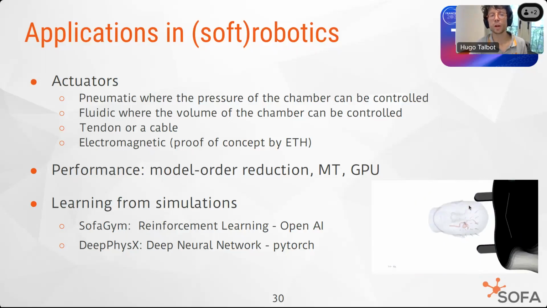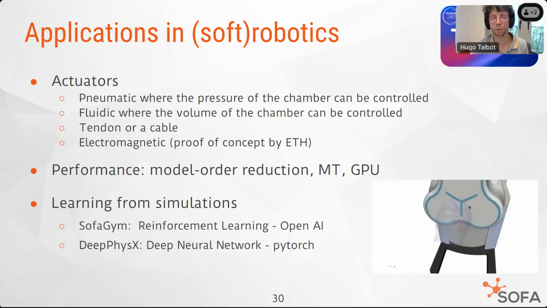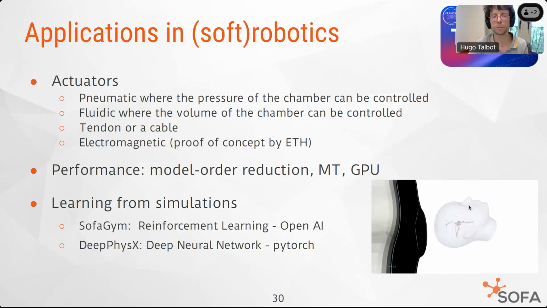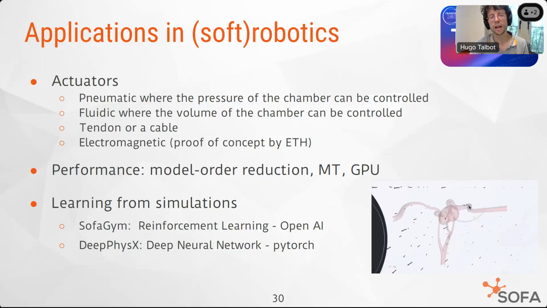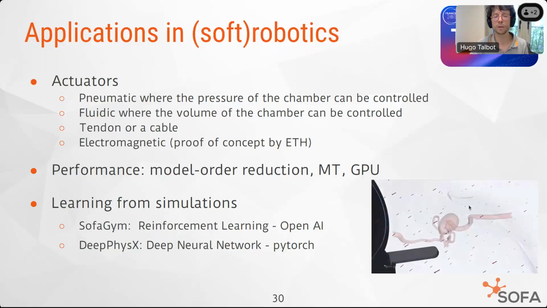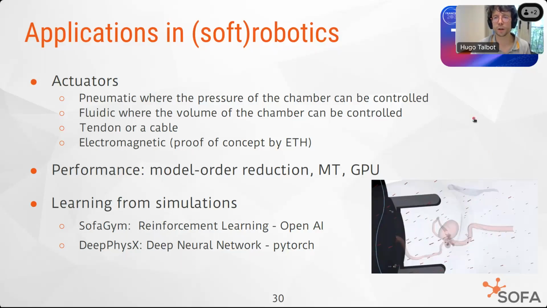And obviously, what comes with those plugins also is plugins to improve performances with model order reduction, multi-threading, GPU computing, and people like to couple simulation a lot with reinforcement learning or neural networks, as I already mentioned before.